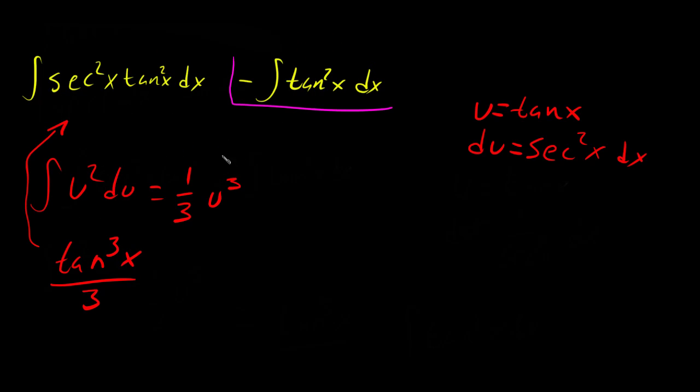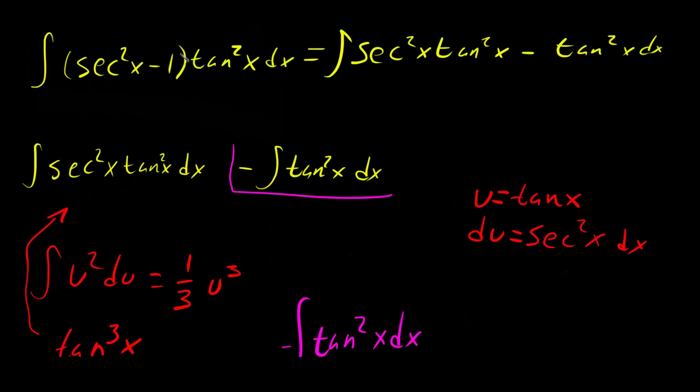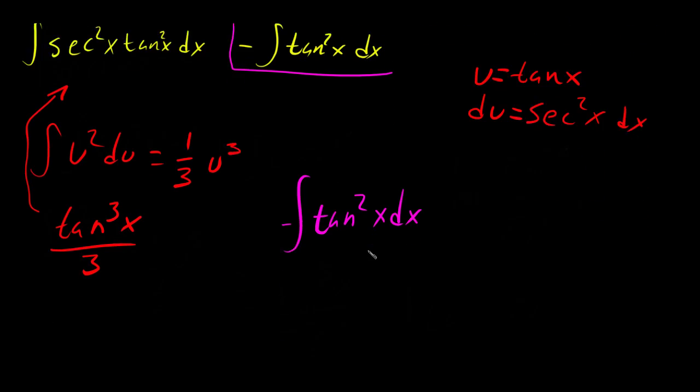So now we're gonna move on to this one. So let me just start doing this in a different color. So with this integral, we're kind of gonna want to just do the same thing, except up here we had 2 tan squared x. This time we only have 1.